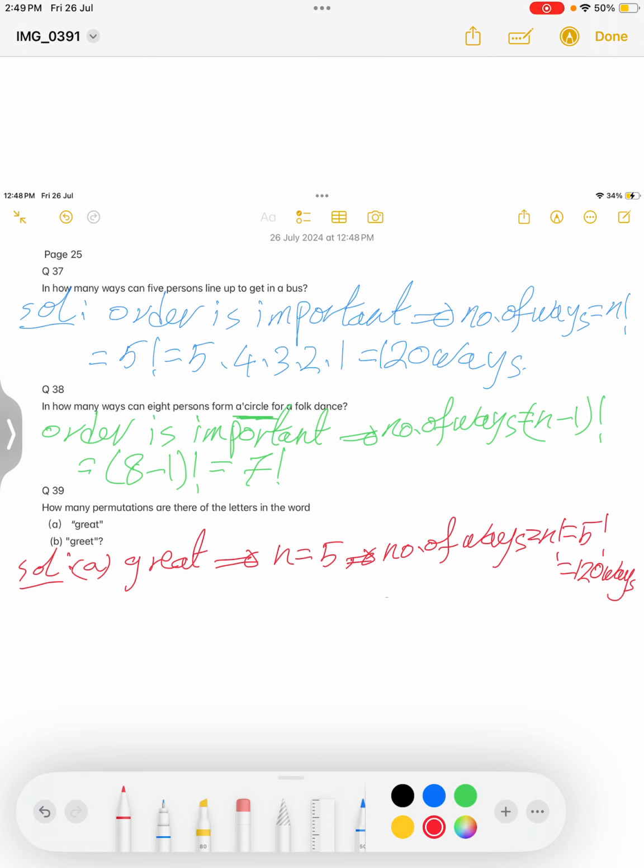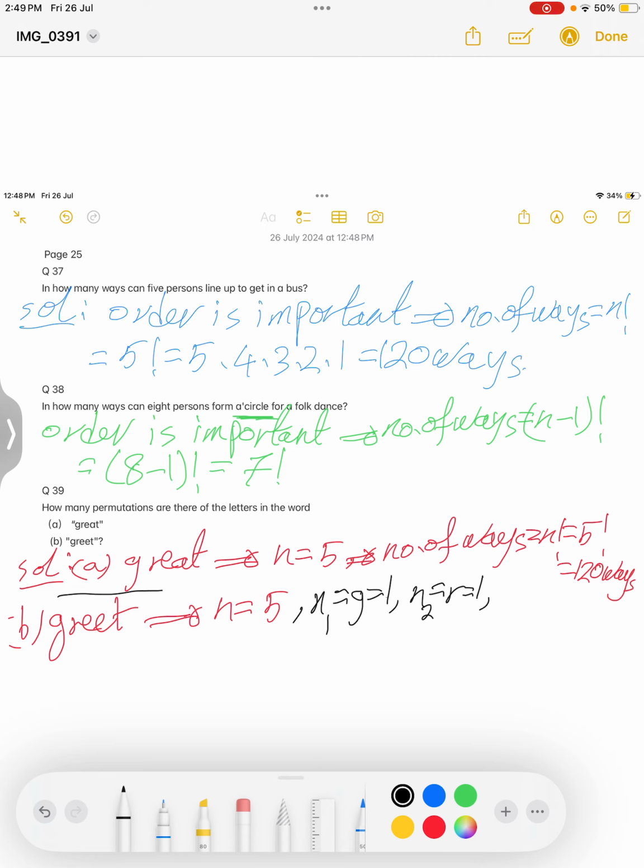Or solve it like B. In B, we treat the letters as different groups. The total number of letters is 5. n1 equals G, which is 1, n2 is R, which is 1, n3 is E, which is 2, n4 equals T, which is 1.